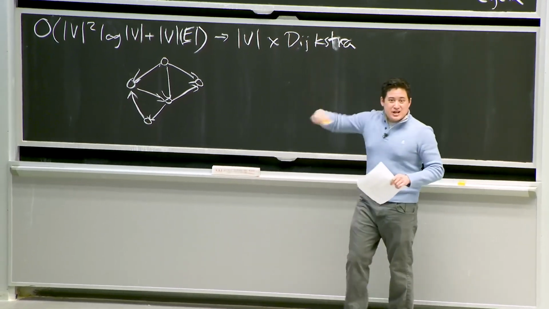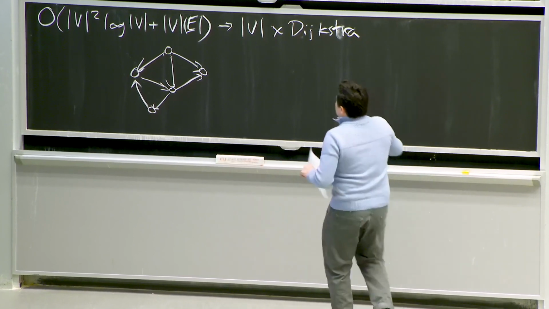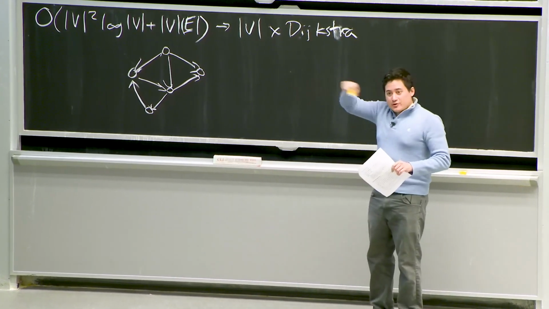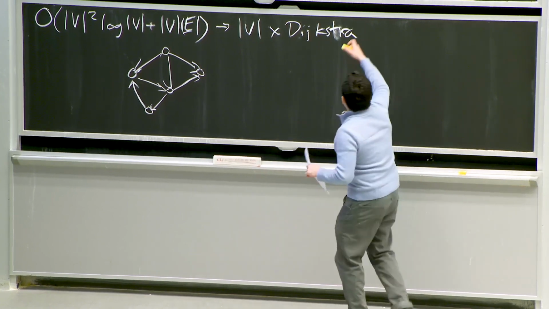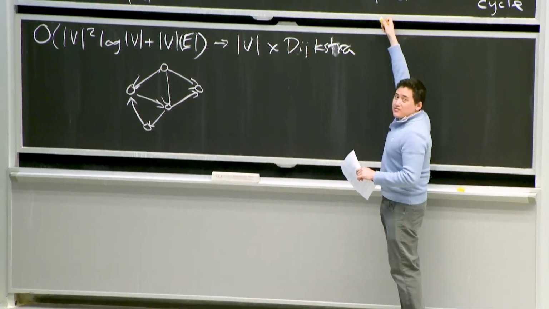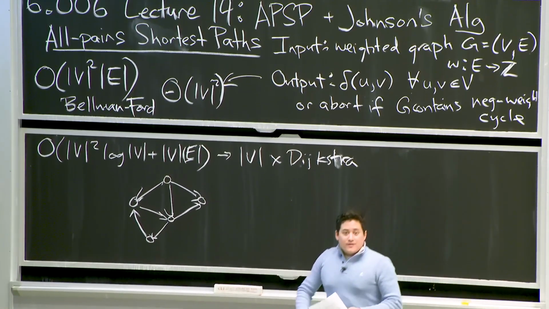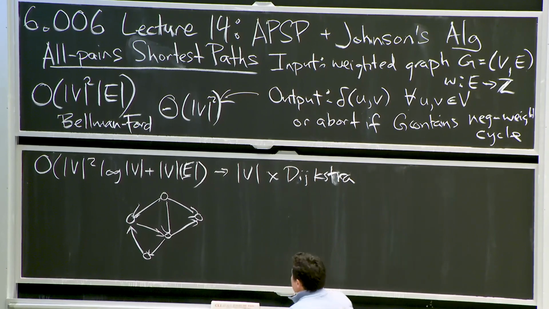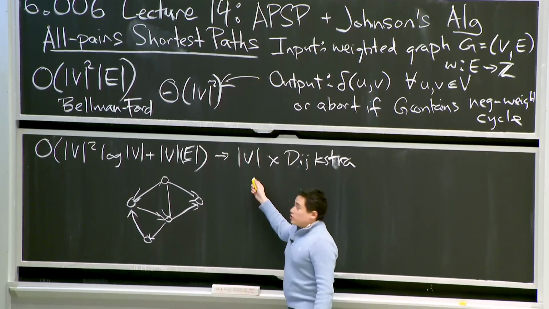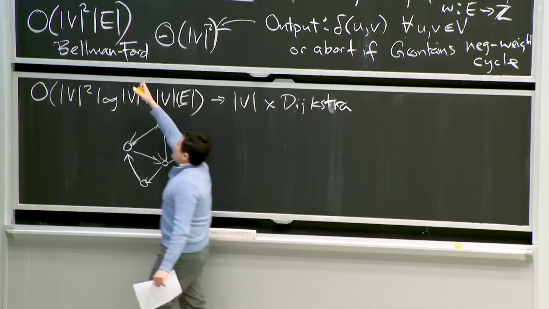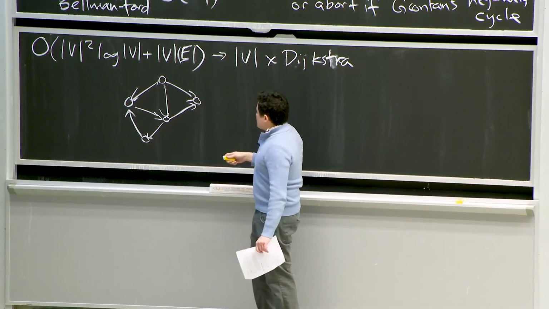I could just check each edge and see if it has negative weight, because a negative weight undirected edge is a cycle of negative weight. So if it has any negative edge weights, I could return in linear time that it does, and abort. Or it has only positive weights, and I can still use Dijkstra. So that's all good. So we're only concerned about needing to run Bellman-Ford on directed graphs that potentially have negative edge weight.